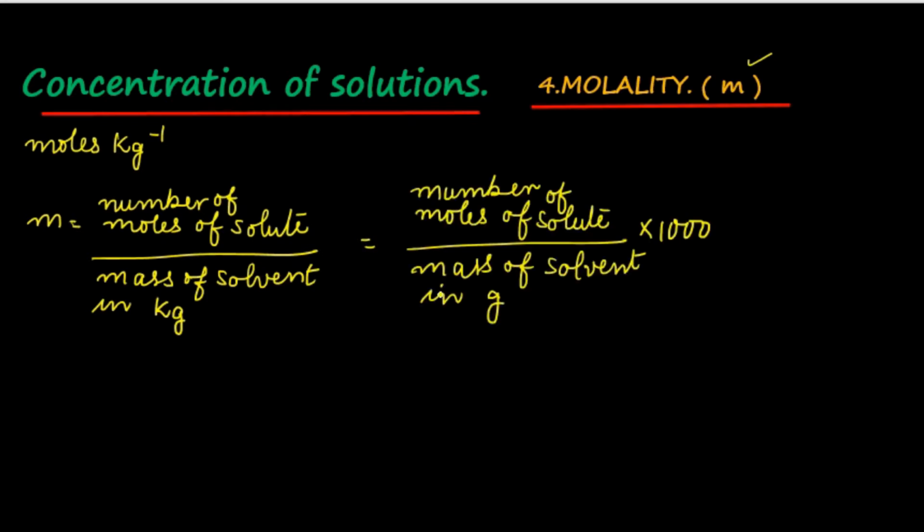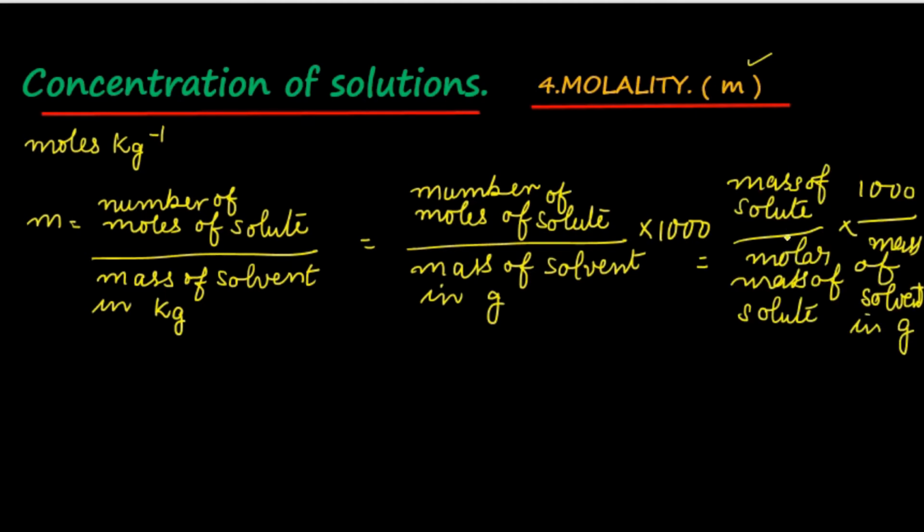Another method is number of moles of solute divided by mass of the solvent in grams multiplied by 1000. In the problem, the amount of the solute is given in moles and mass of the solvent in grams. So grams have to be converted to kilograms. So grams by 1000. But in the equation it becomes multiplied by 1000. Yet another method is mass of solute by molar mass of the solute into 1000 by mass of solvent in grams.